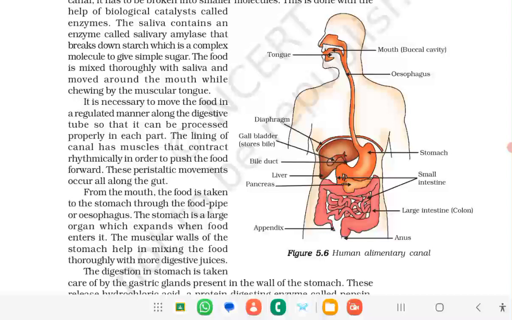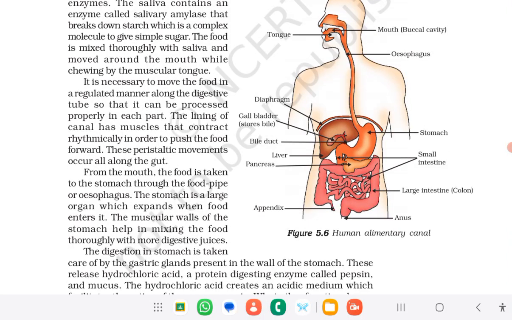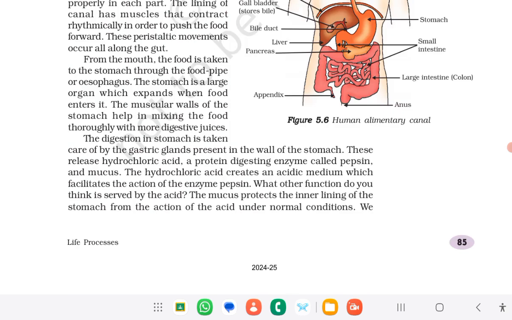The stomach is a large organ which expands when food enters it. The muscular walls of the stomach help in mixing the food thoroughly with more digestive juices. The digestion in the stomach is taken care of by the gastric glands present in the wall of the stomach.